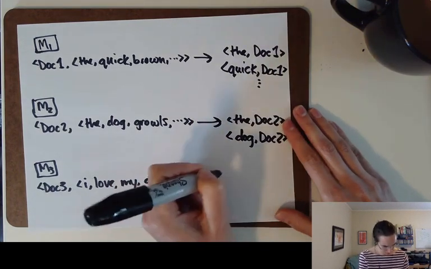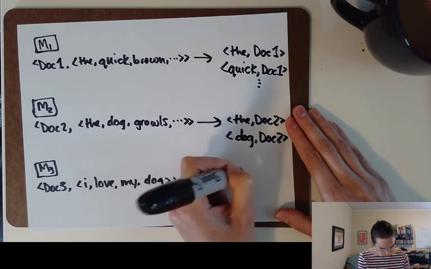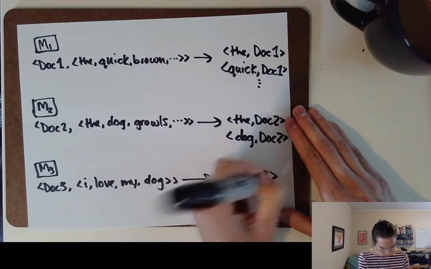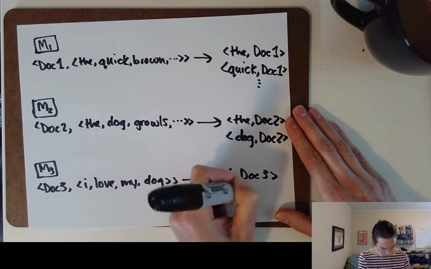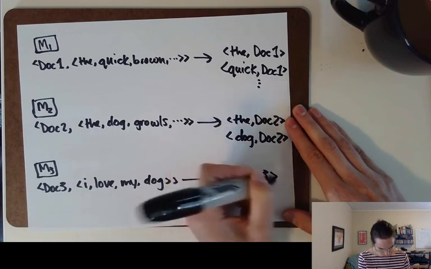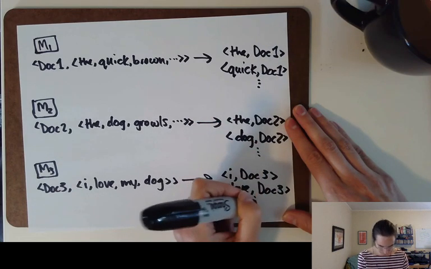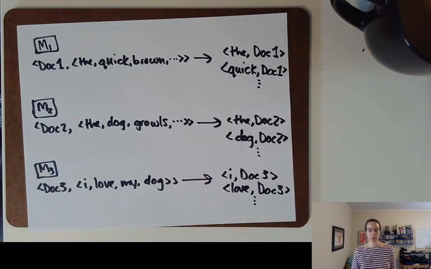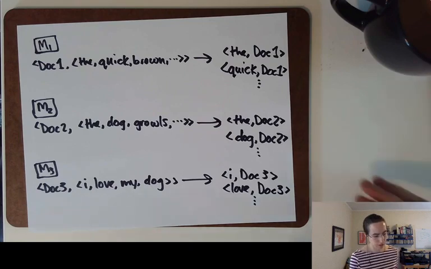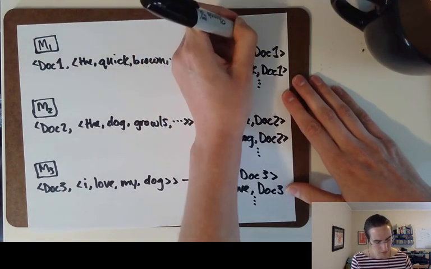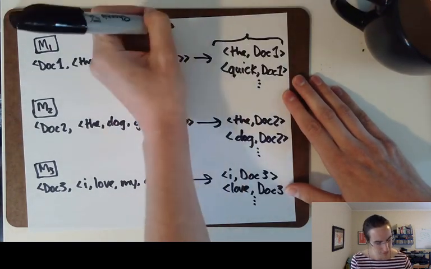Machine 3 will do the same. The results of this computation are called intermediate key value pairs.